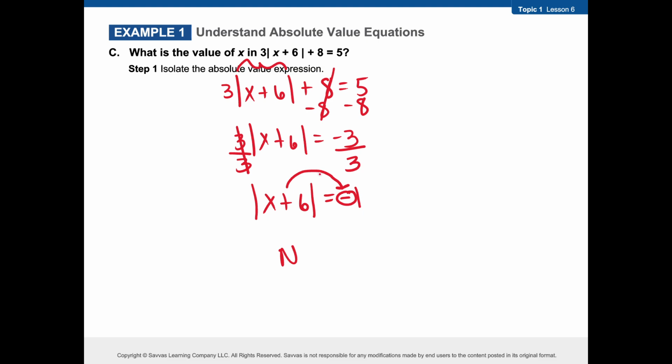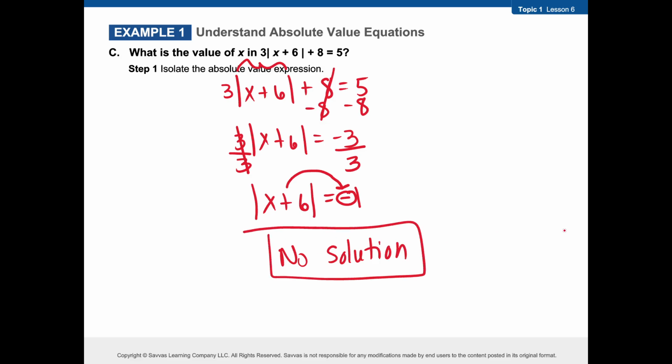So whenever the absolute value bars, once you isolate them, are by themselves and equal a negative number, your answer automatically is no solution. You would not separate into 2 equations.